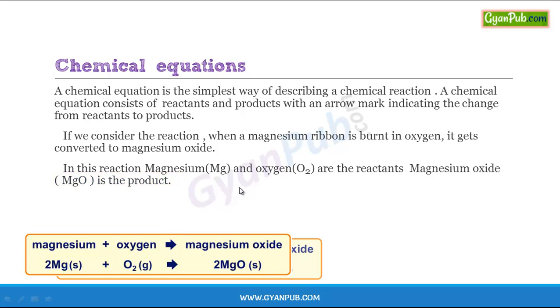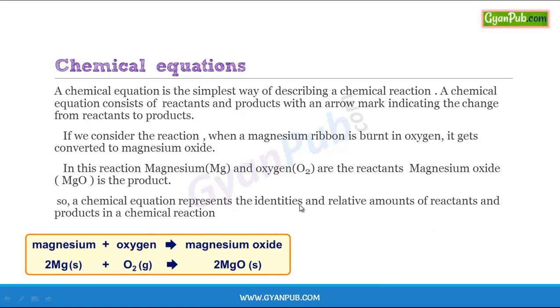If there are extra products, we put them on the right side with a plus symbol between them, and we provide an arrow mark between the reactants and products, which indicates the change of reactants to products.